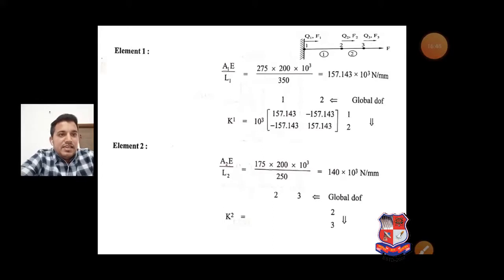We put the 140 inside the box, and this is final. Element number 2 varies from node 2 to 3, so the entries are 2 2, 2 3, 3 2 and 3 3. These values we will put in the final global stiffness matrix in the next step.